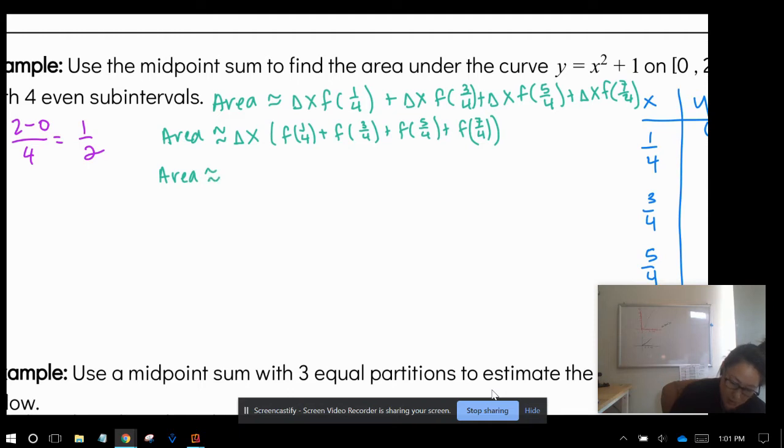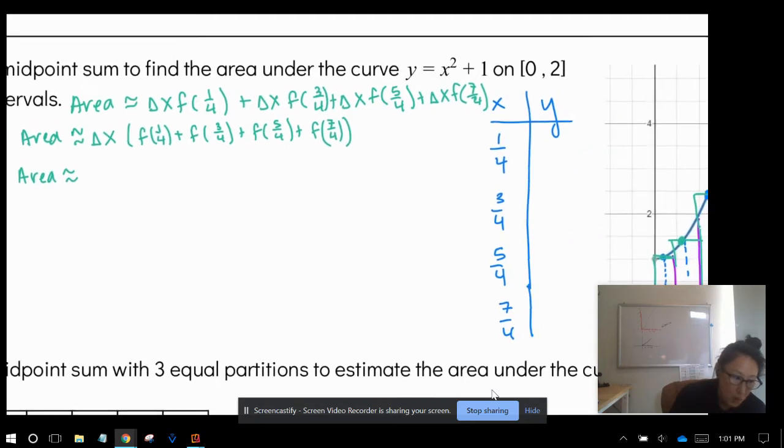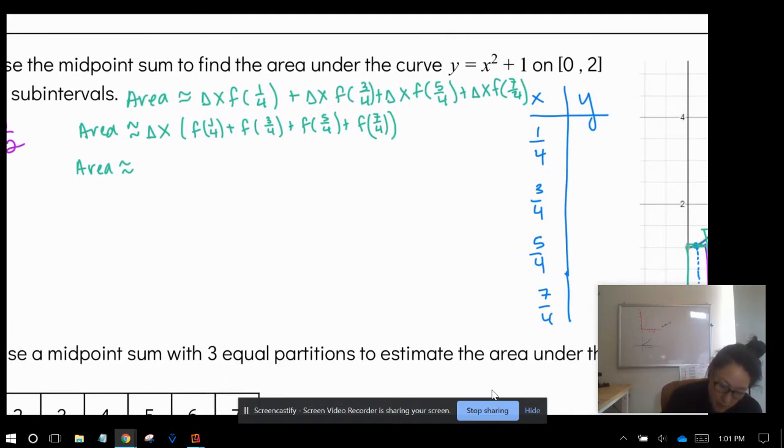Okay, so I get area is about equal to, oh, I didn't get the outputs. For x squared plus 1, I got 17 over 16, 25 over 16, 41 over 16, and 65 over 16. So I'm going to go ahead and plug those in.